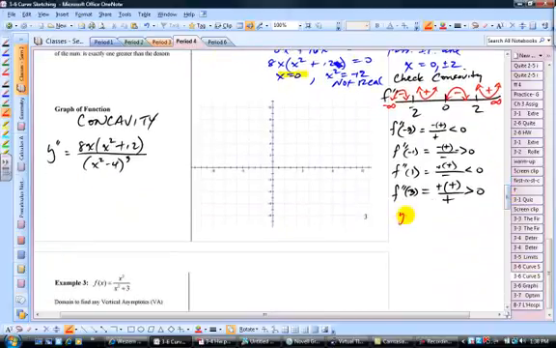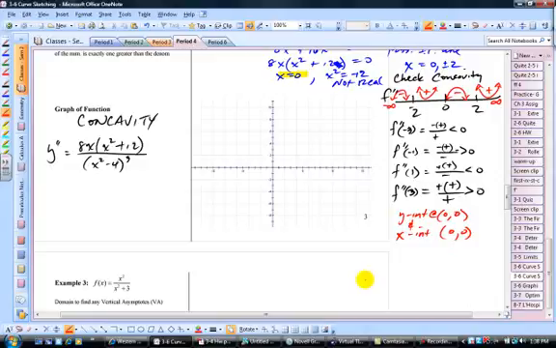A y-intercept at (0, 0), and also the x-intercept is (0, 0), because if you set y equal to 0, then you're going to get x equals 0 as well. So the x and y intercepts are both the origin. It doesn't intersect the axes at any other point. That's what I'm trying to say.